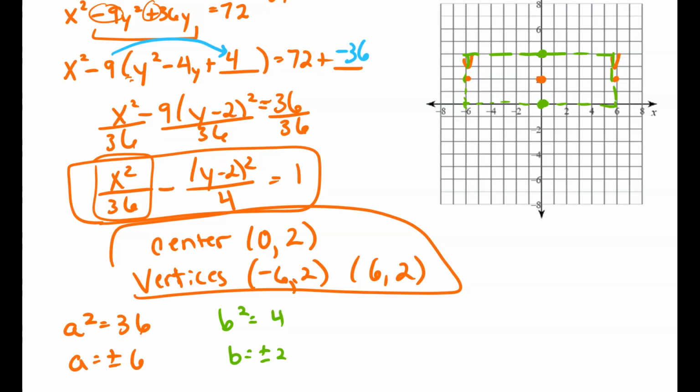And then we draw in your lovely asymptotes through the diagonals. And then we draw our 2 hyperbola branches, touching our vertex, going to the left, touching our vertex, and going to the right. There you have your hyperbola.